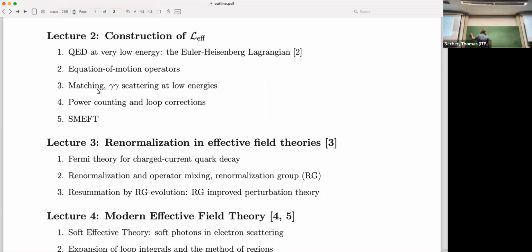So when you do quantum field theory, you can draw diagrams where a photon interacts with a photon. So this is a scattering. So this is really an interaction of 4 photons. And the question is, is this a big interaction or a small interaction? And this is something one can understand in this effective field theory.